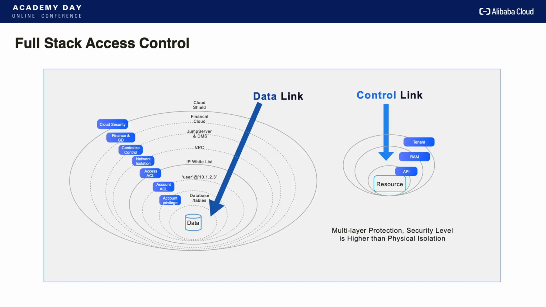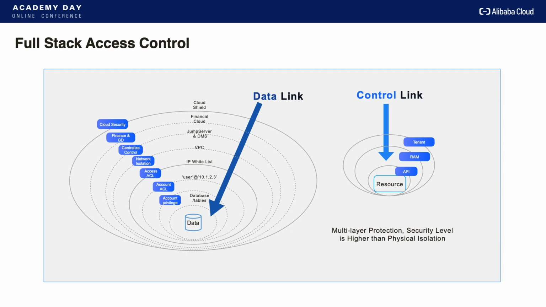Now both data access and control access are protected by many different layers. For data access, in order to access a database, you have to have the proper privilege, you have to have the account authorization, your IP needs to be on the whitelist, and you have to be able to access the virtual network, the VPC and all that.